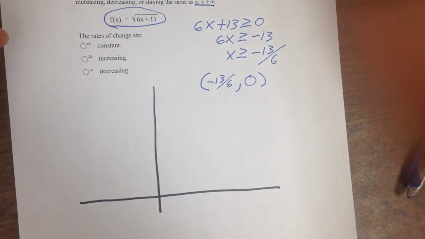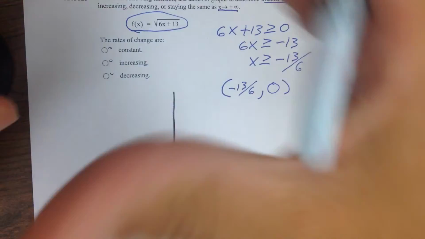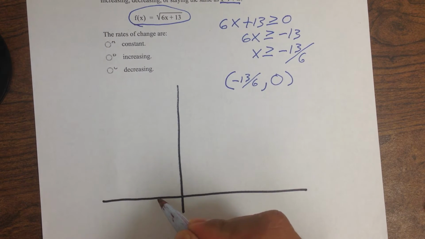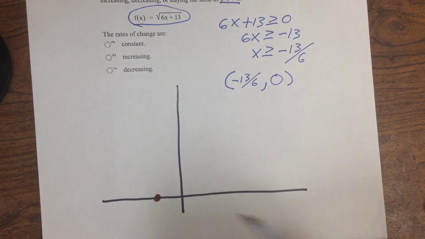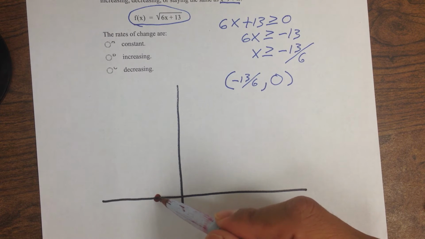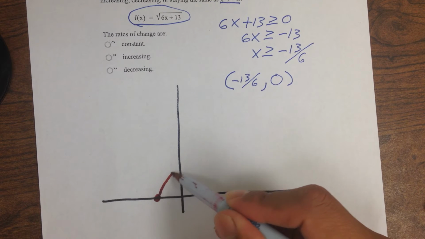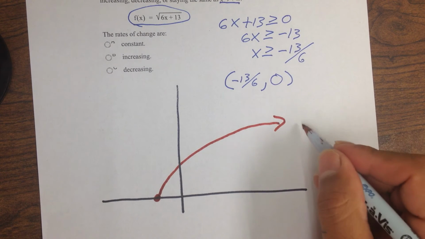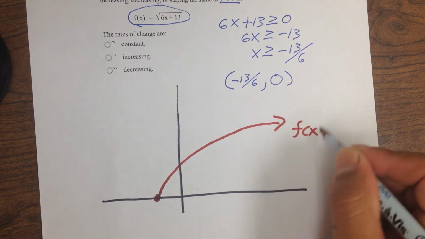Okay, so I have a negative x value and a y value that's 0, which means I'm going to be on the x-axis just a little bit over to the left, and the graph is opening up like a half parabola in this direction. That is my function.